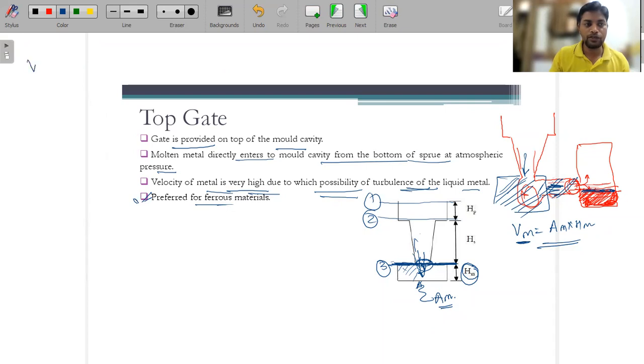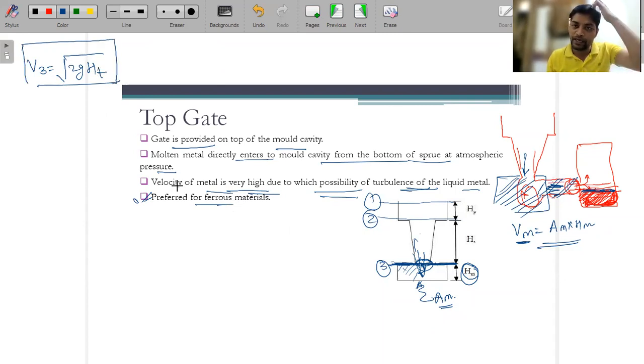This V3 will be equal to root 2g ht. Guys, I'm not writing this same equation again, the one for the 1 and 3 equation, because we have already done that one. So this is the velocity that we know. Now we just have to calculate how much time is required to fill this mold cavity.